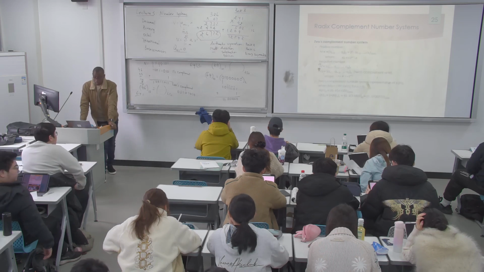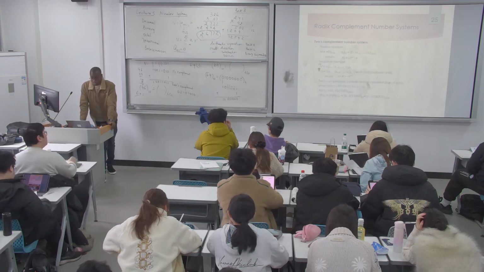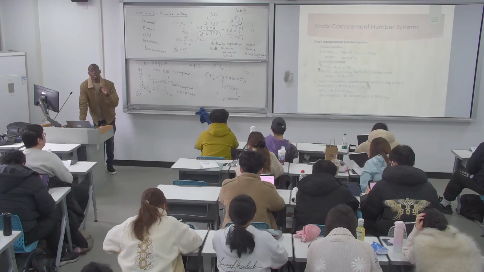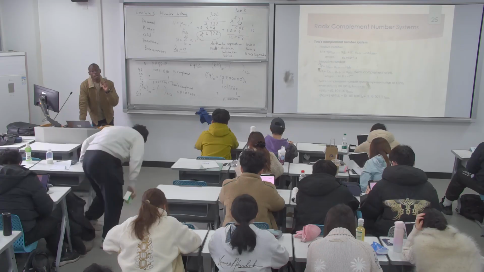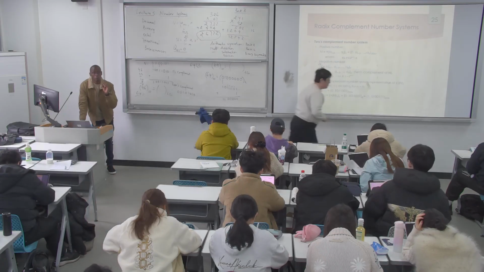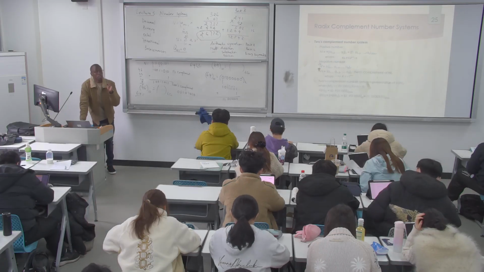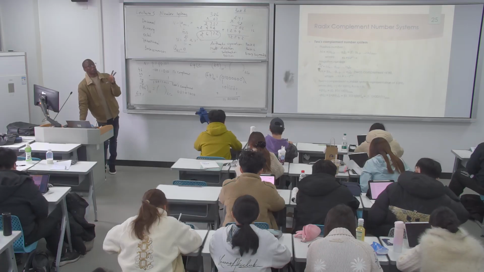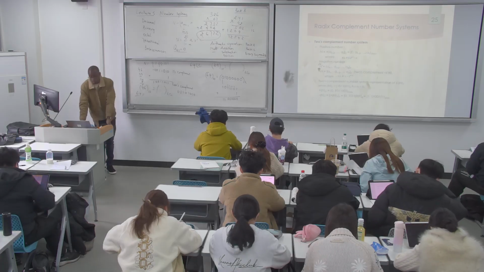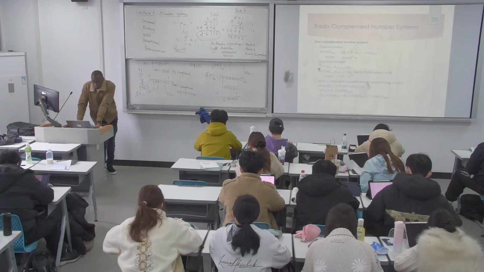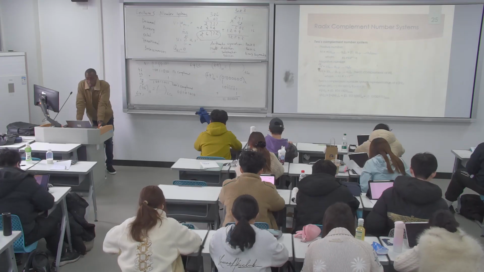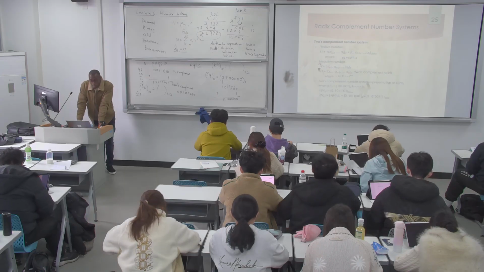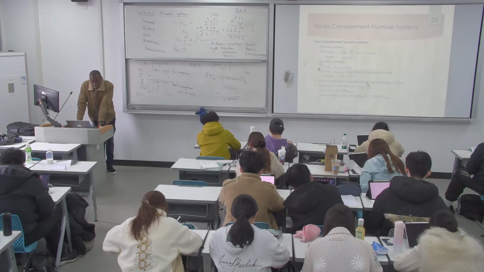Now, we have the radix complement number system. I'm going to emphasize that when you have to calculate the 2's complement of a number, it is always for a negative number. The 2's complement of a positive number is the same number. Now, we have positive numbers, and we have negative numbers, an minus 1, an minus 2.